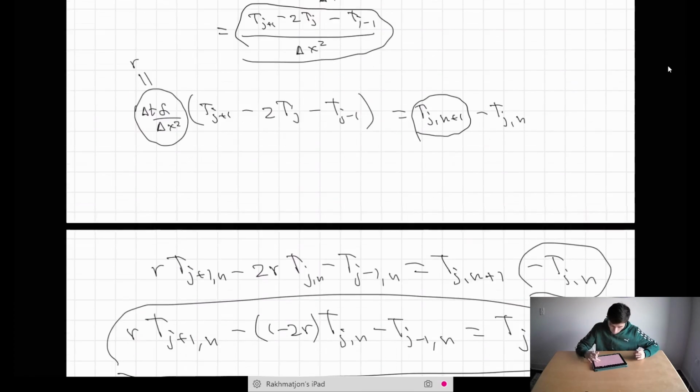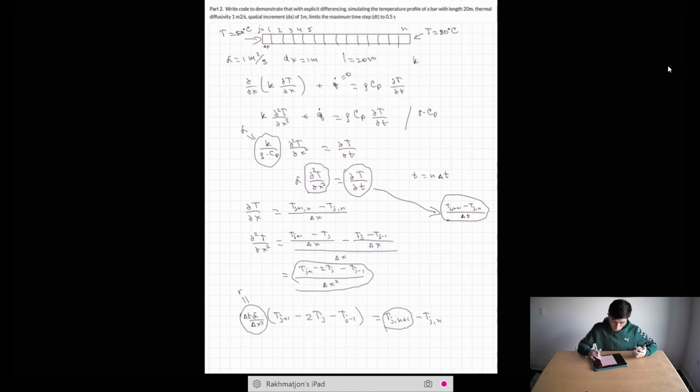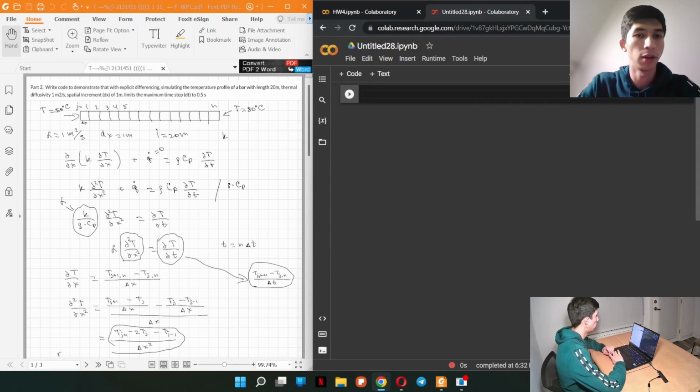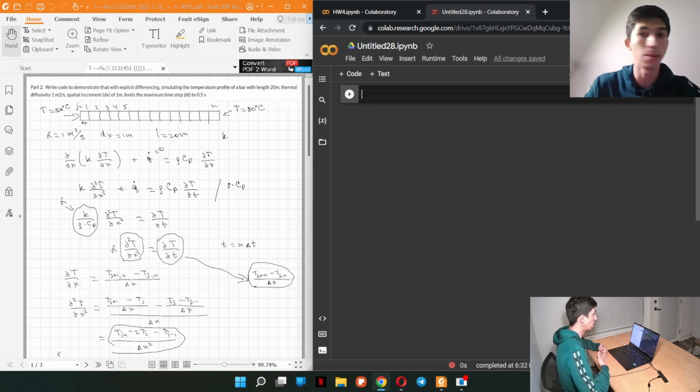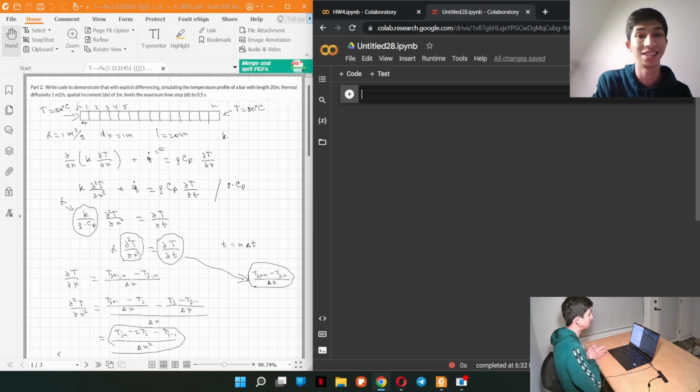Okay, so now we're going to use Python to simulate the whole situation. In this part of the video, we're going to write a Python simulation to show that the time step cannot be greater than 0.5, otherwise it shouldn't be stable anymore. So we're going to plot the graph and see what happens in cases where dt is greater than 0.5.